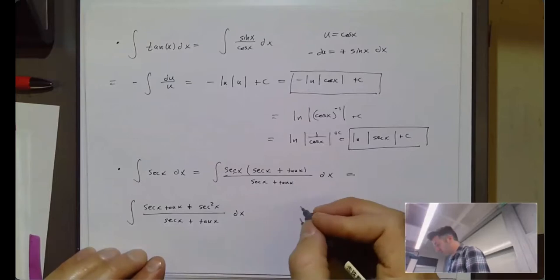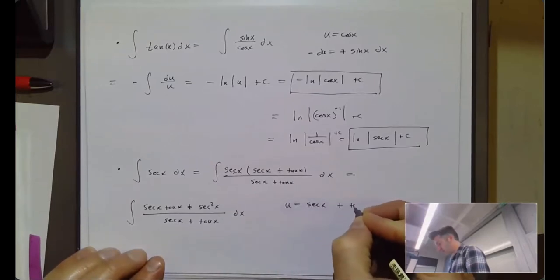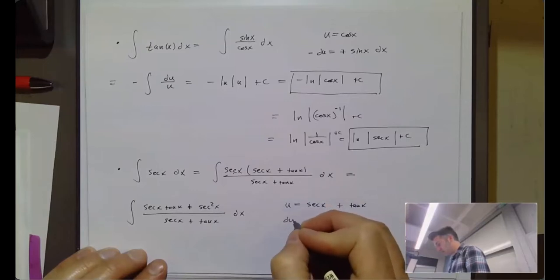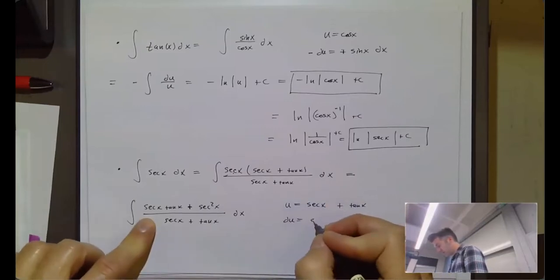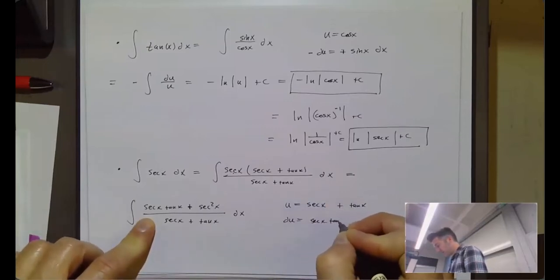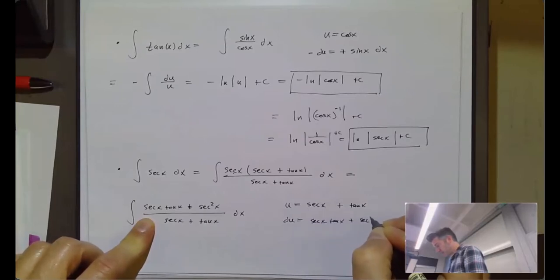So we're going to make the choice of letting u equal secant x plus tangent x. And then your du is exactly secant x times tangent x plus secant squared x dx.